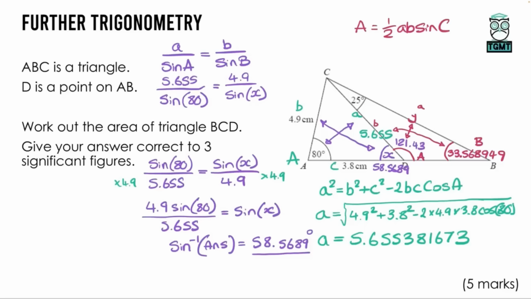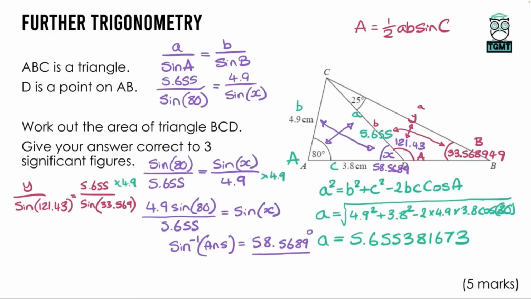And again, just using A over sine A. So we have y over sine of 121.43, and that is equal to 5.655 over sine of 33.568, or let me just round up for my bracket here, so 33.569.